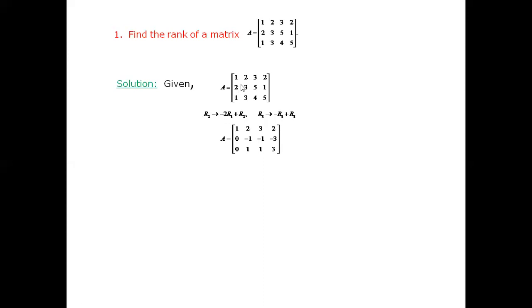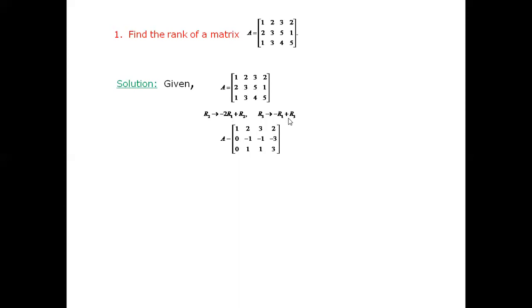Minus 2 into 2 is minus 4, minus 4 plus 3 gives minus 1. Minus 2 into 3 is minus 6, minus 6 plus 5 is minus 1. Again minus 2 into 2 is minus 4, minus 4 plus 1 gives minus 2. So we apply this transformation for all the elements of the second row.